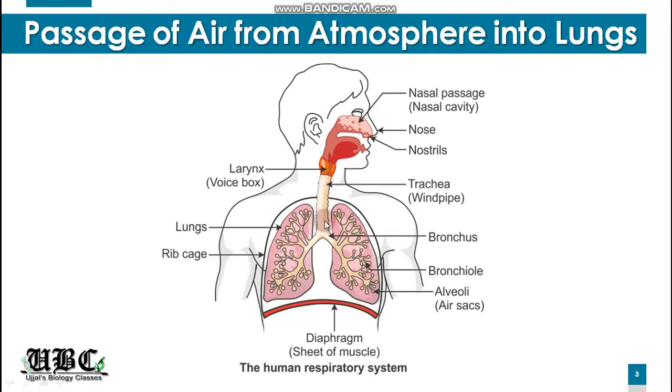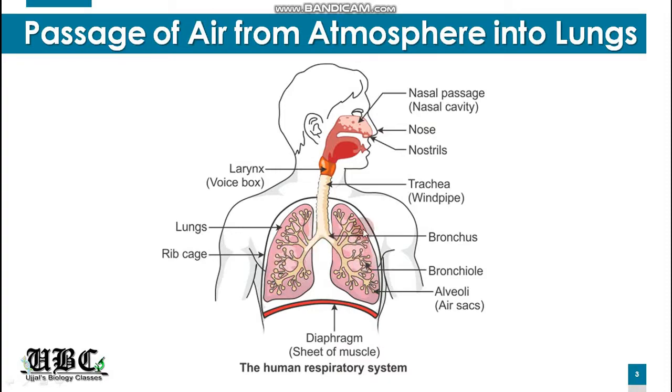The trachea runs down the neck and further divides into two small tubes called the bronchi at the lower end. Each bronchus enters into the respective right and left lung. The bronchi are connected to the two lungs.